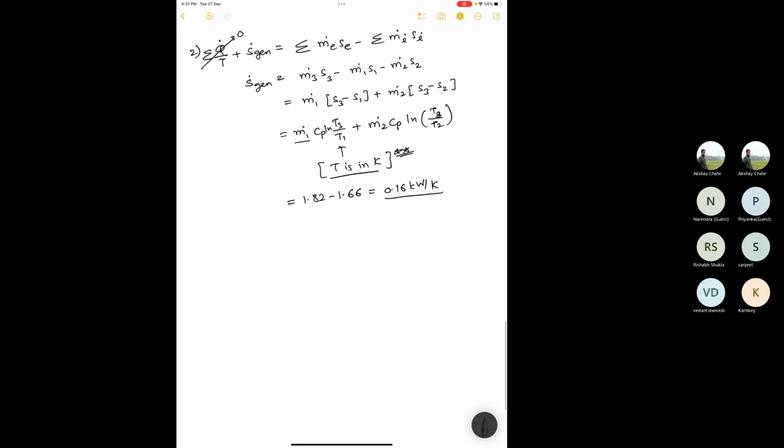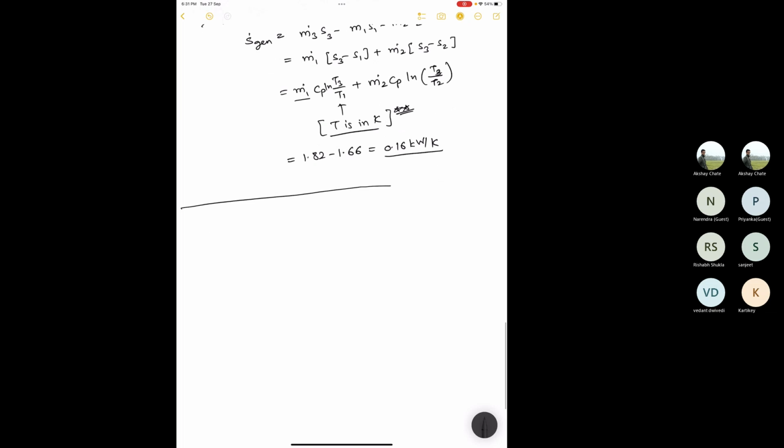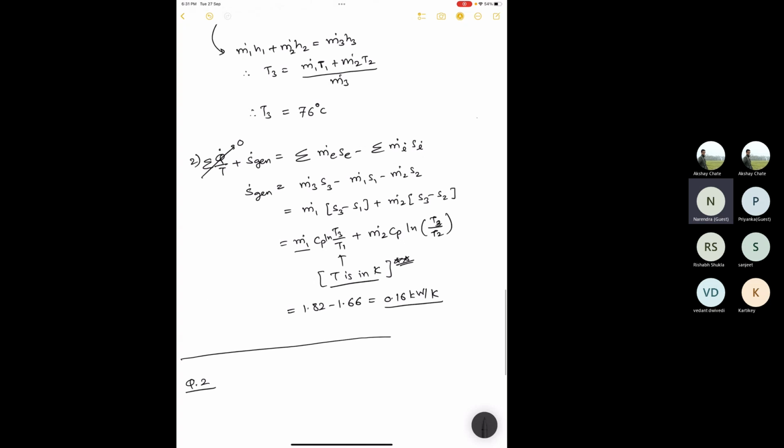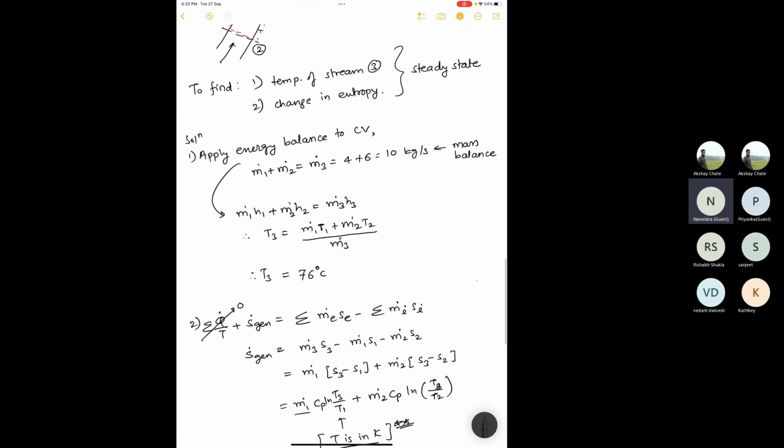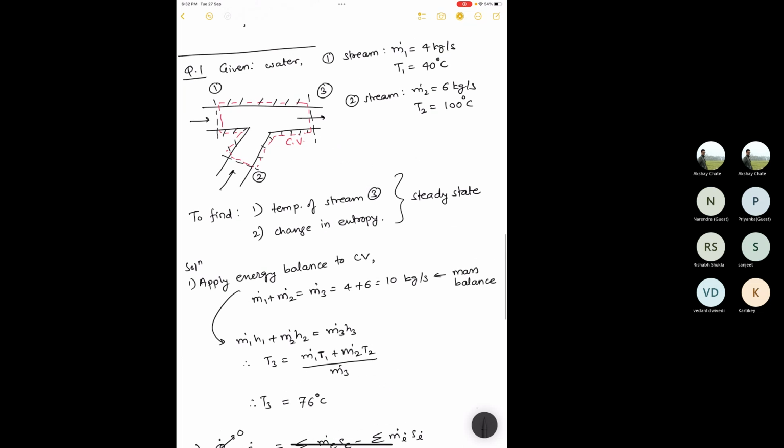Now I think initially I also said there is one type of question. Hello, sir. Sir, I have a doubt in the last question. This is for the gas, steam, water, liquid water. If it is water, sir, then in this energy balance equation, can you write like this T3?